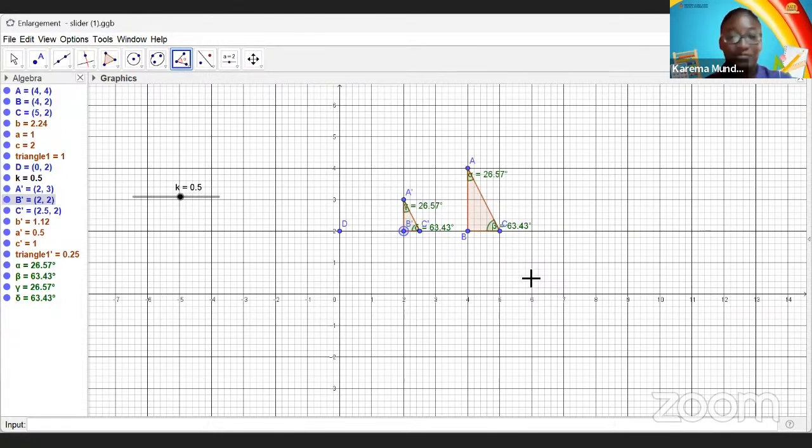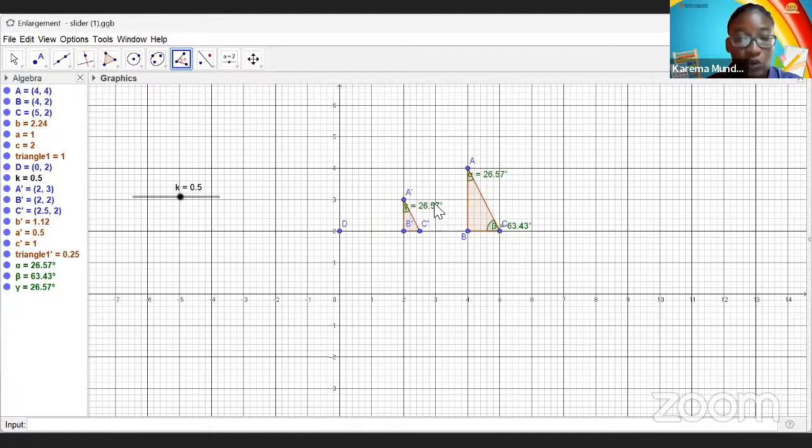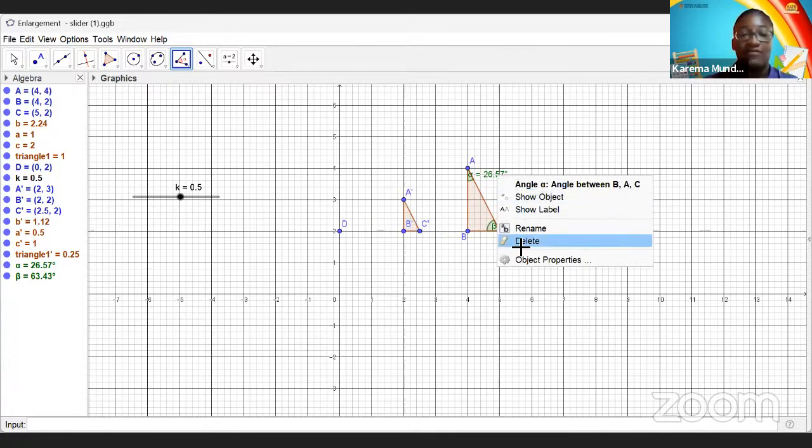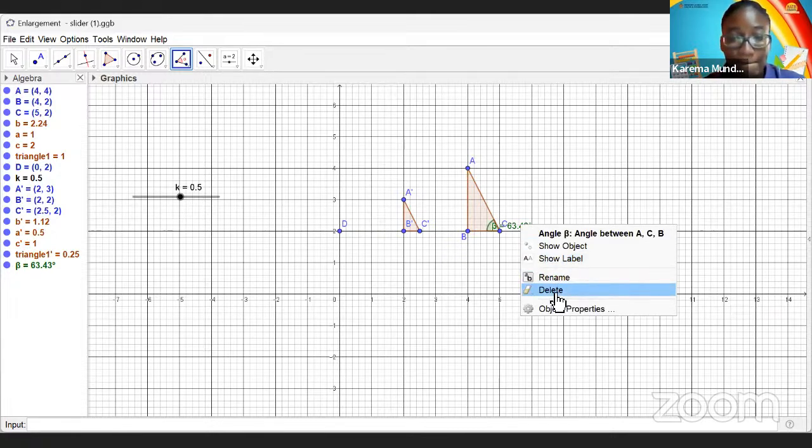All right, great. So I'm going to ask Miss to remove the angle measurements. We would have explored that, and we're seeing it already being the same, but I don't want to crowd the diagram. So let's just remove those for now. We already explored them.